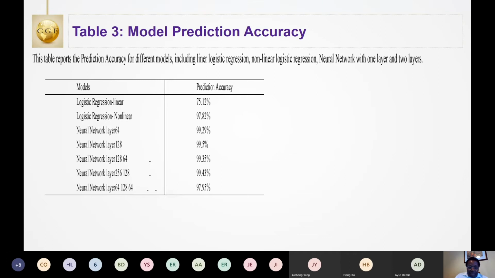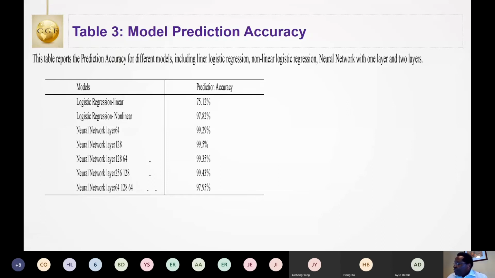The accuracy for the 128/64 is 99.35, as you can see here. And 256/128 is 99.43. And the accuracy of 97.95 is obtained for 64, 128/64.